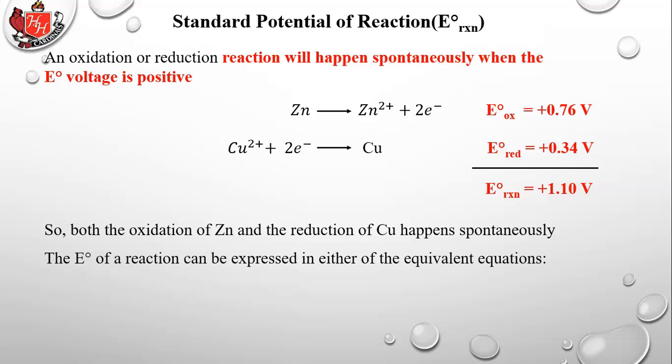The standard potential of a reaction can be expressed in either of the equivalent equations. So the potential of the equation, you can do what we did here. We added the standard potential of the reduction of the cathode, plus the oxidation of the anode.